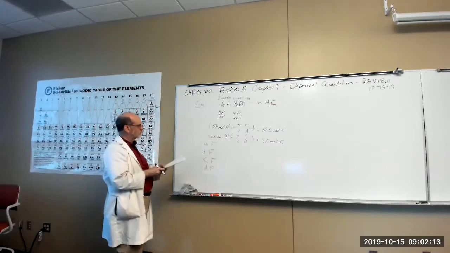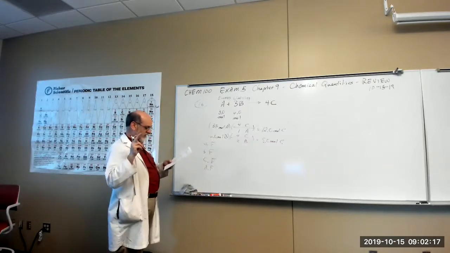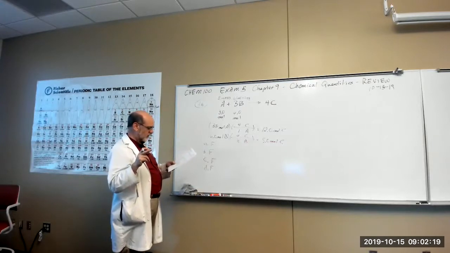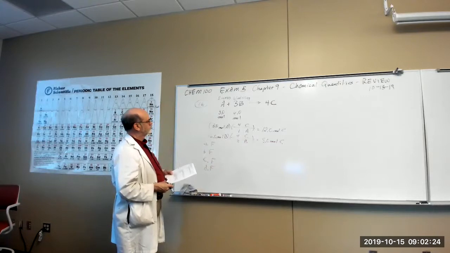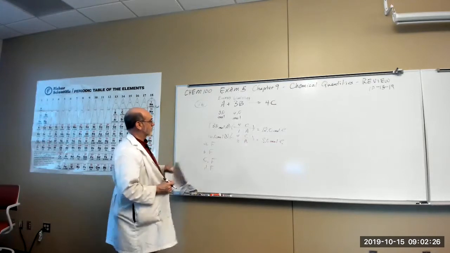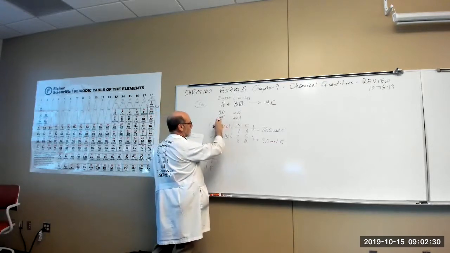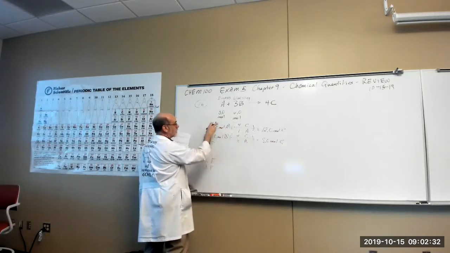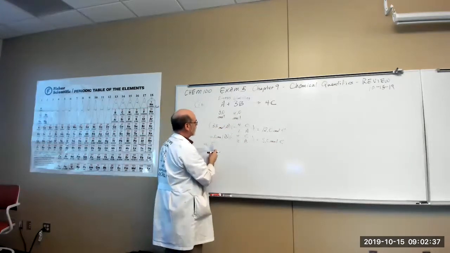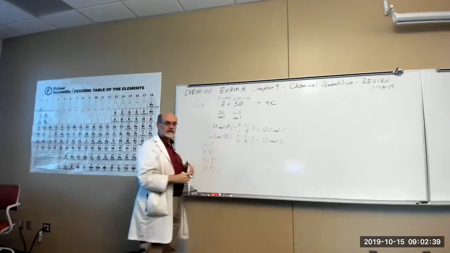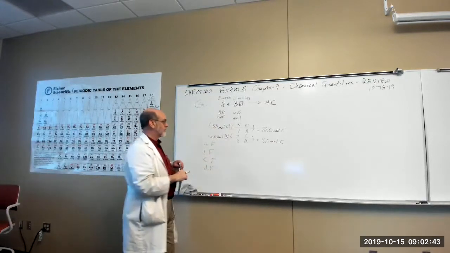A is left over. Okay, it's excess, that's true. And why? Because you need only 2 moles of A and have 3. All right, let's see if that's true. You need 2 moles of A and you have 3. Is that true? Do we only need 2 moles of A? Right. So how would you find out how many moles of A you need? Right, we didn't do that calculation yet.